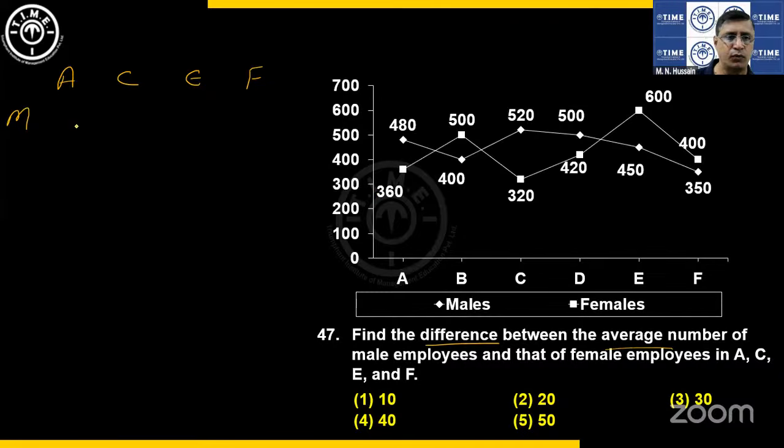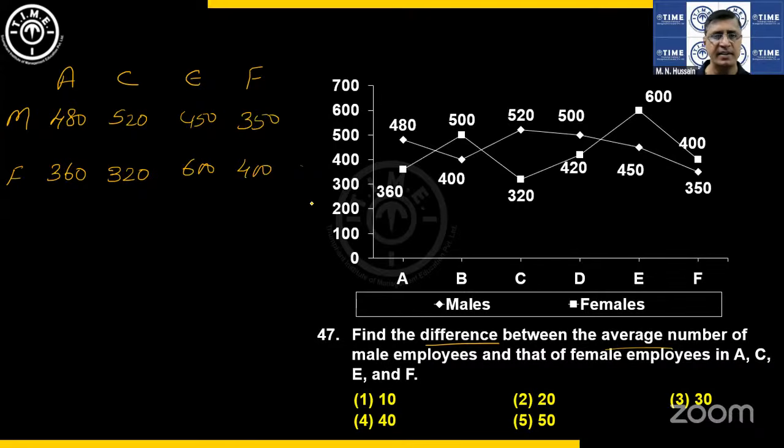A, 480. Females, 360. What about C? C, males, 520, and females, 320. Now E, males, 450, and females, 600. Value of F: 350 males and 400 females.